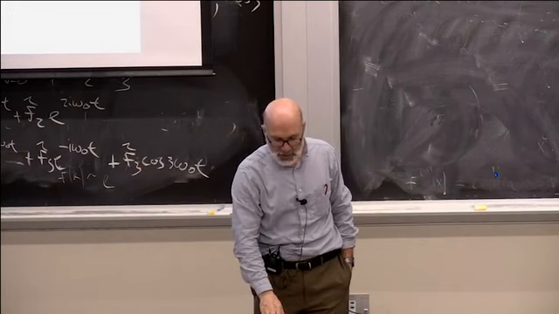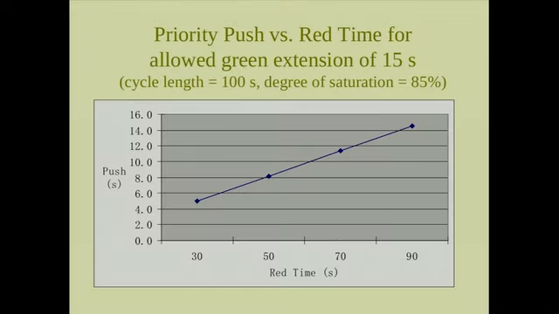And then it has a lot to do also with the cycle length. So let's again consider a 100-second cycle, degree of saturation 85. This time, hold the green extension period fixed at 15 seconds and look at different amounts of red time. If your red time is low, that's like the bus is on the through road that gets green most of the time, and only a small part of the cycle is for the cross street.